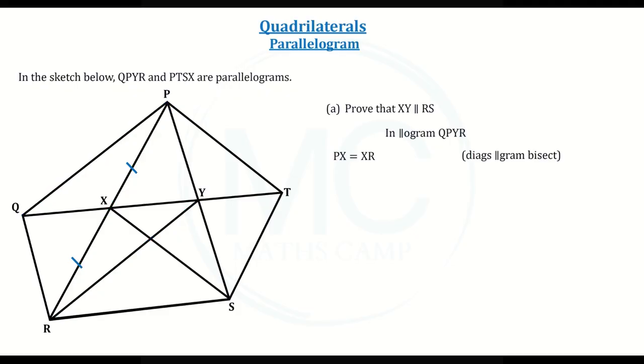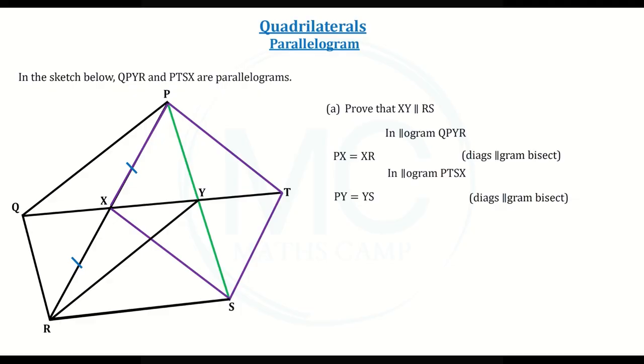The question also tells us that PTSX is a parallelogram. So once again, let's make this parallelogram purple. PS is a diagonal in the parallelogram. So let's make it green. Now we can say in parallelogram PTSX, PY is equal to YS, because once again, the diagonals of a parallelogram bisect.